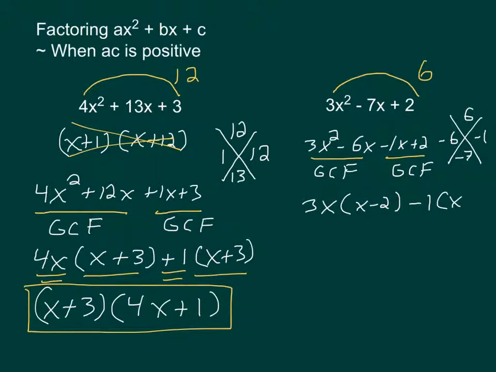Sorry about that. That's the only way that I can get these things to be exactly the same, which is really what I need there. Then I take that, x minus 2, put that in front, and what's going to remain in parentheses is the 3x and the minus 1.